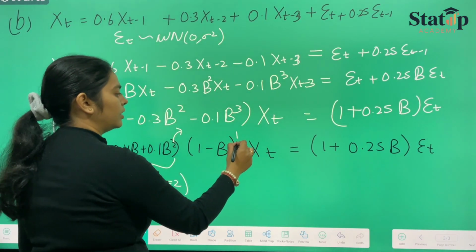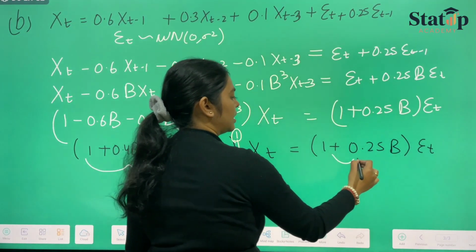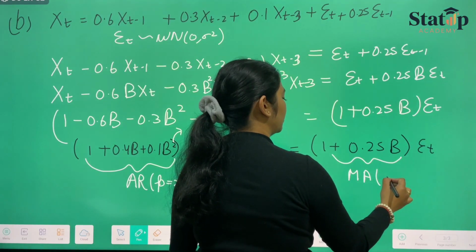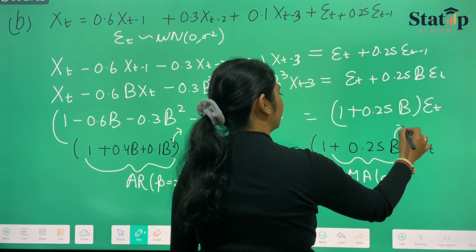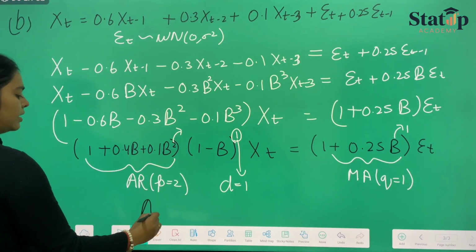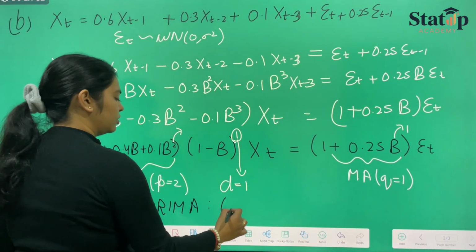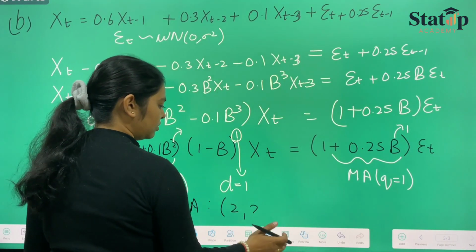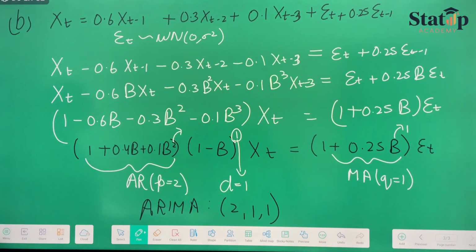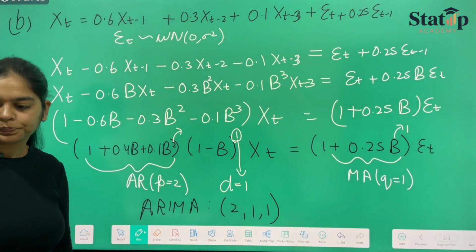The differencing here is 1, so D equals 1, and this is our moving average series. The order here is Q equals 1. So this is our ARIMA model of order 2, 1, 1. This is how we find the P, D and Q values of a model.